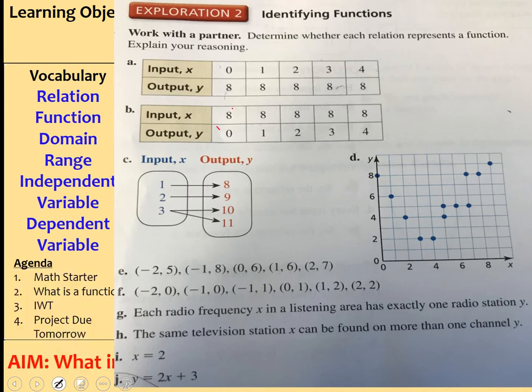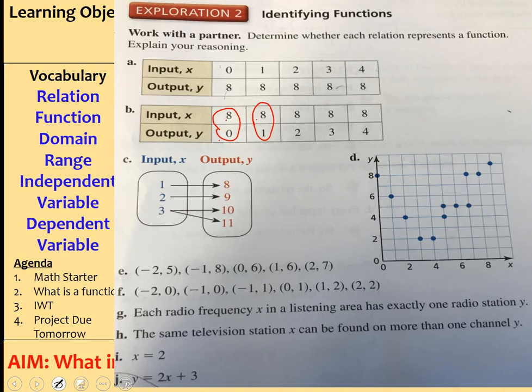Well, I look at this and I have 8 is 0, and I look here and 8 is 1, and I notice that for 8 the x is always 8, but the y is not always the same number, so no, it's not a function. If you remember yesterday's lesson, the shady bodega, this is shady, right?